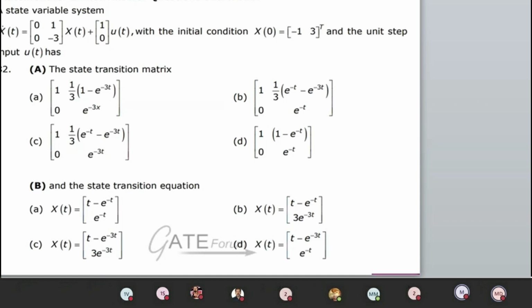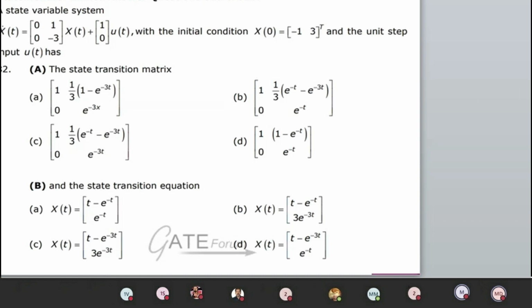So you have the state transition matrix and the state transition equation, right? You're supposed to find which choice is correct.